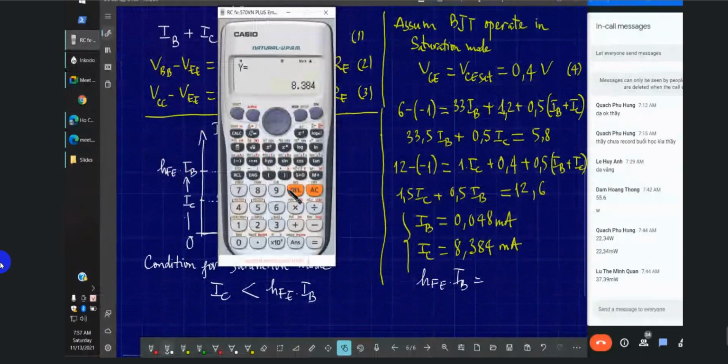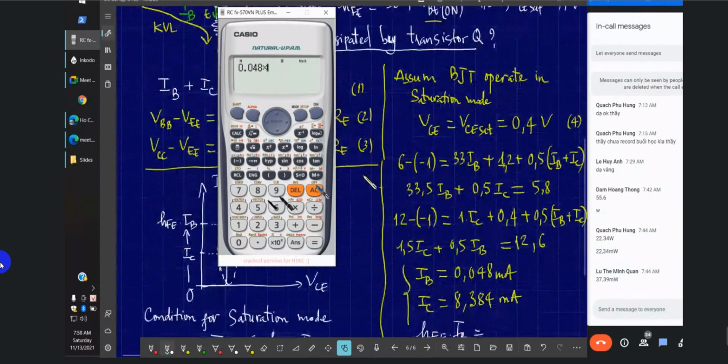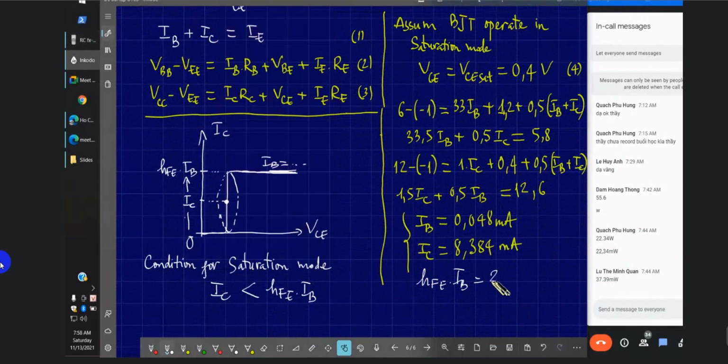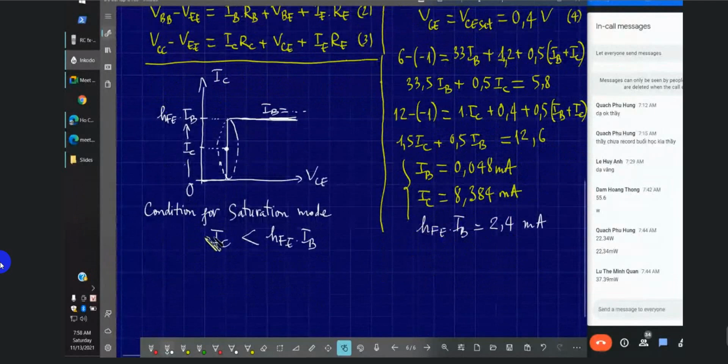So we take the IB of 0.048 multiplied by 50, and this is 2.4 milliampere. All right, so this IC is greater than 2.4 milliampere. So the assumption for the BJT operating in saturation mode is not correct, because we do not get this condition.